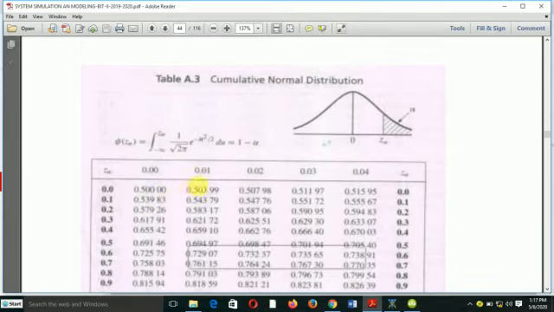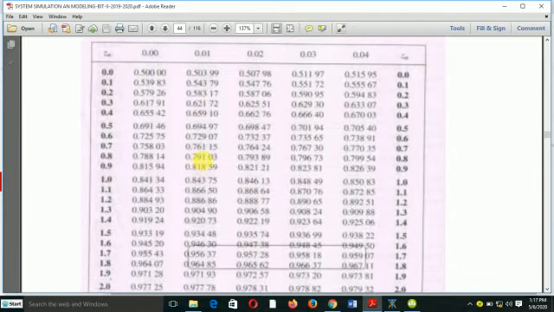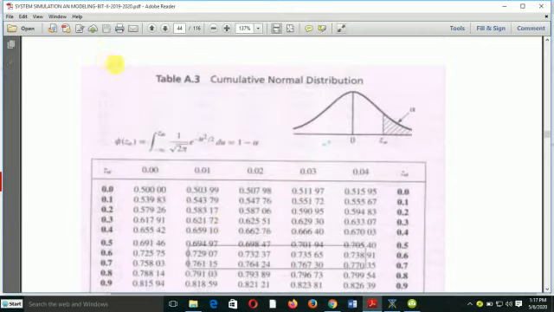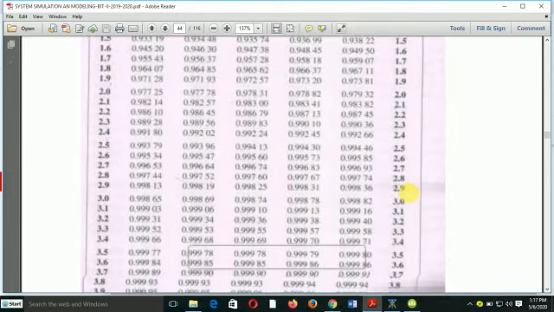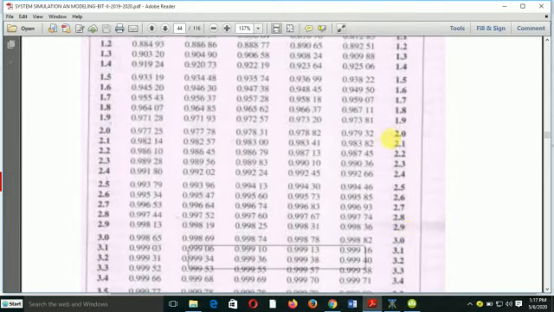We search from the first column, going down to 2.